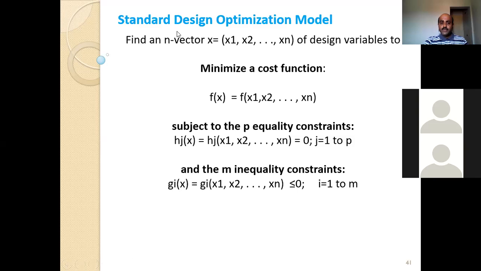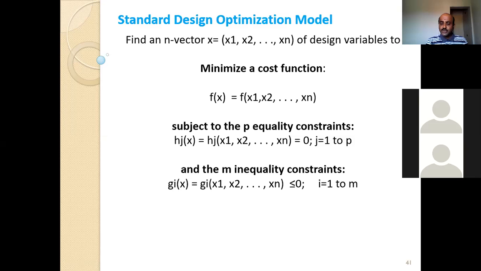A problem which has an optimization design model has an n vector. N vector means the design variables, which will be in vector form. So ultimately, the solution you get in the optimization is x1, x2 to xn. That means you are determining the numerical values for the design variables x1, x2 to xn.